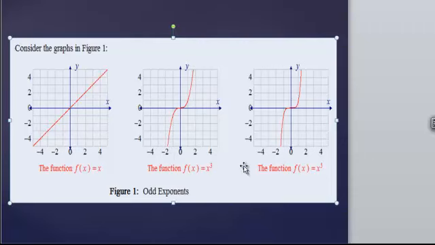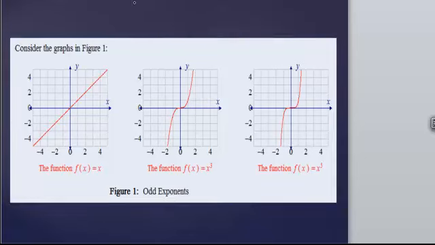Now, of course, if you add some other things in here, what goes on in the middle could change just a little bit. But in general, x cubed will make this S shape. It would start in the third quadrant and end up in the first quadrant. Okay, the same thing is true for x to the fifth, but what I want you to do is compare the middle part of x to the fifth to the middle part of x to the third.